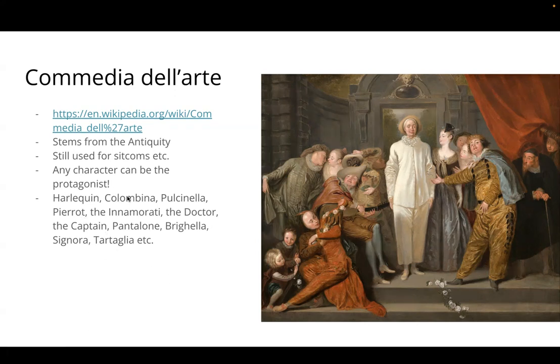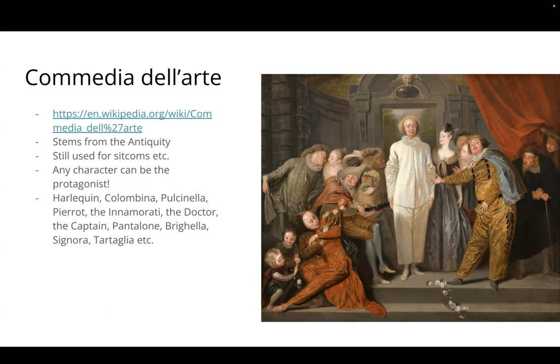So here are some examples of the Commedia dell'arte types. Harlequin is the guy with the black mask and the colorful outfit. Most of these characters, by the way, had masks.